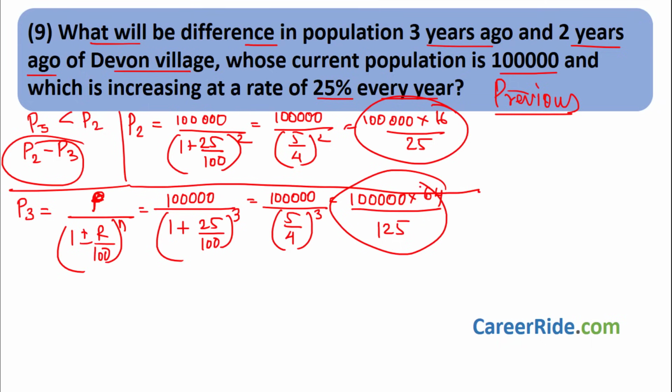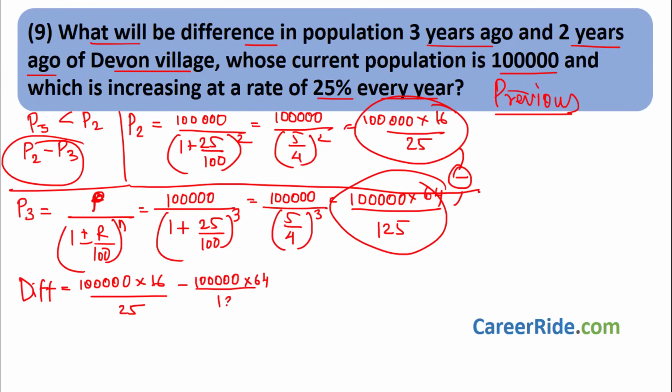Second year, that is 2 years ago population, and 3 years ago population, simply subtract. What we will get? The difference will be equal to 1 lakh into 16 upon 25 minus 1 lakh into 64 upon 125.